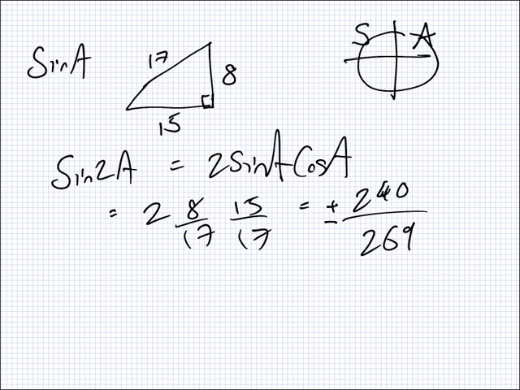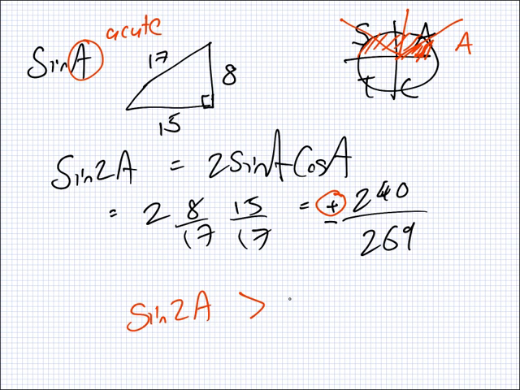This is A, this is S, this is T, and this is C. So if angle A is acute, then the worst possibility is 2A is over here, or maybe it's here, but it will still be here. So it must be positive if A is acute. If A is acute, then sine 2A must be positive, cannot be negative.